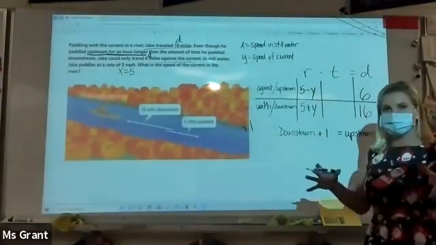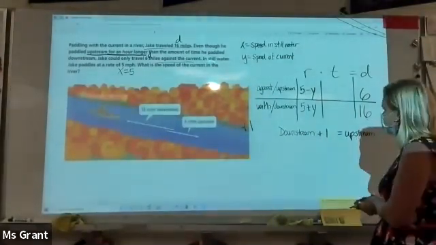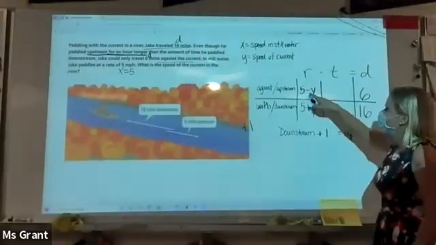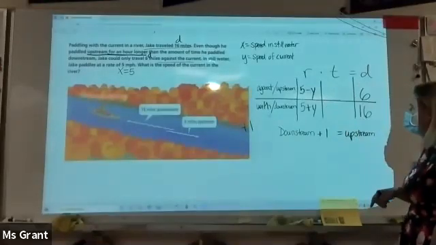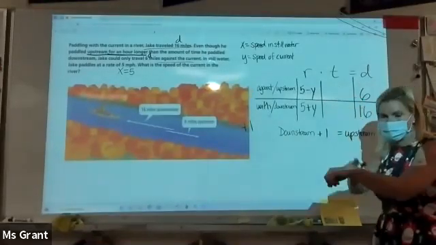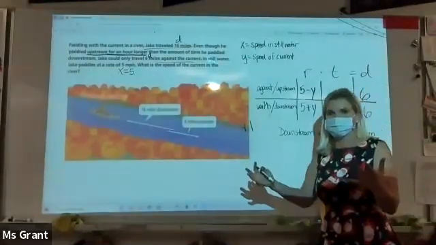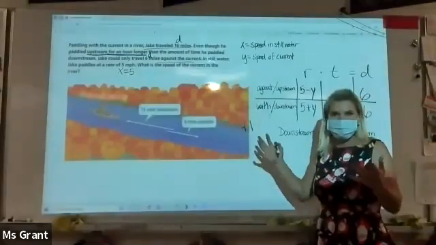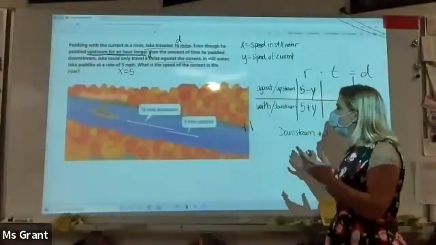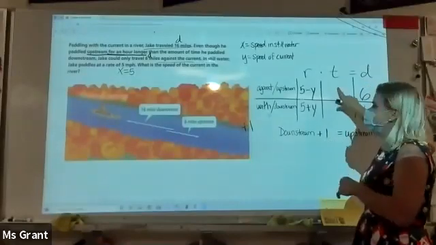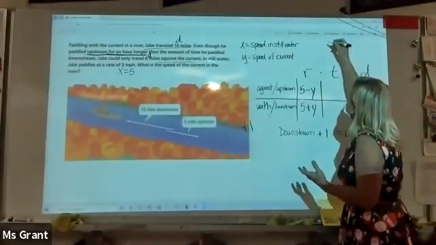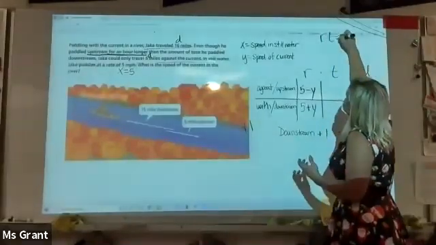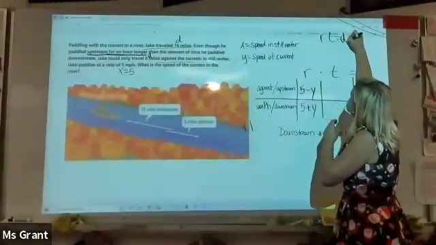Okay, so now I'm ready to put things together. Well, I can't do rate times time equals distance. I don't have a time. I don't know how long this took him, except for this hour. So since time is the thing that I don't know, that's what I need to solve for. Well, rate times time equals distance.